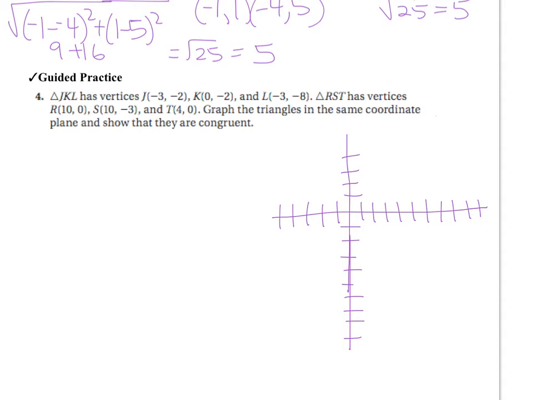Blue, J is -3, -2. So there's J. K is 0, -2. And L is -3, -8. So about here.